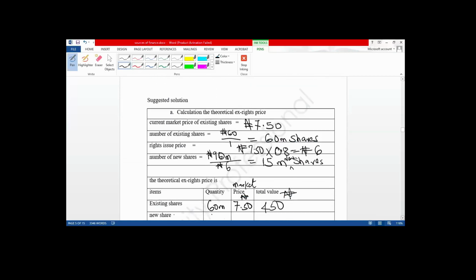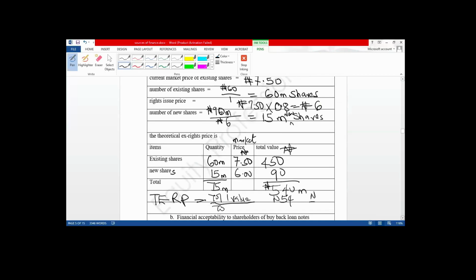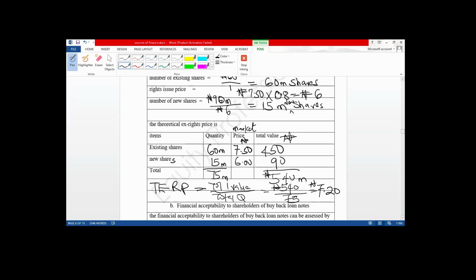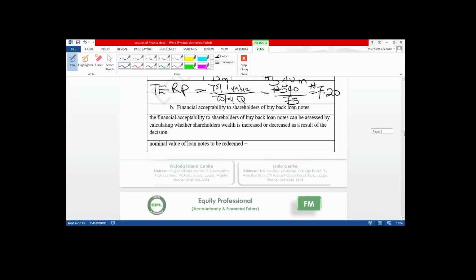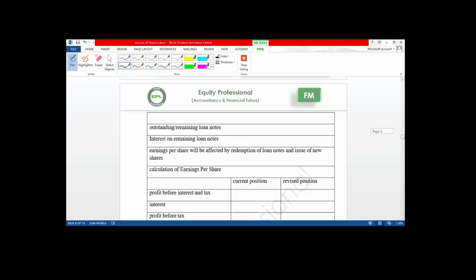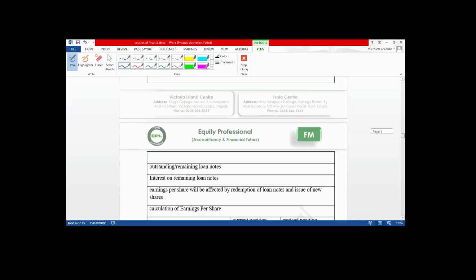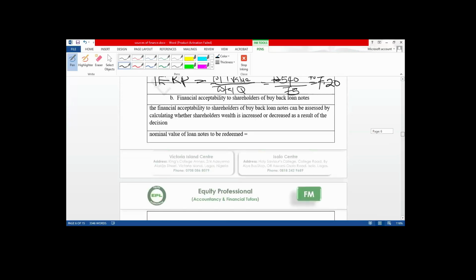Now let's go to this. First, okay, look at it. Look at the comments here. Financial acceptability to shareholders to buy back the loan notes.